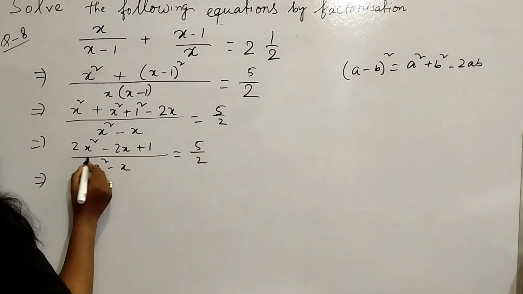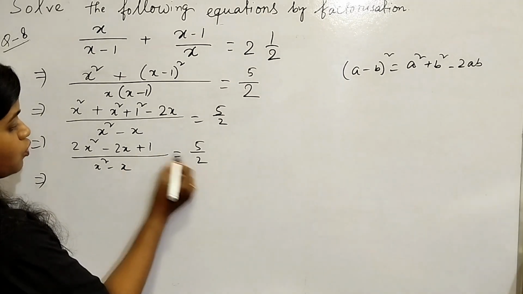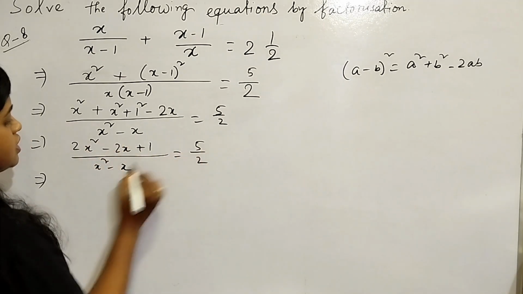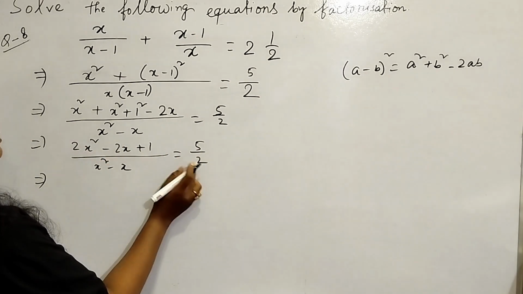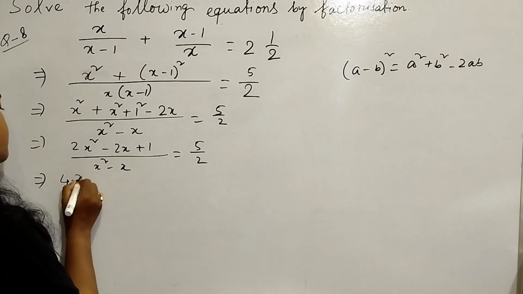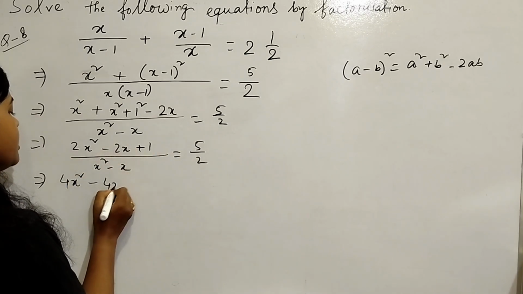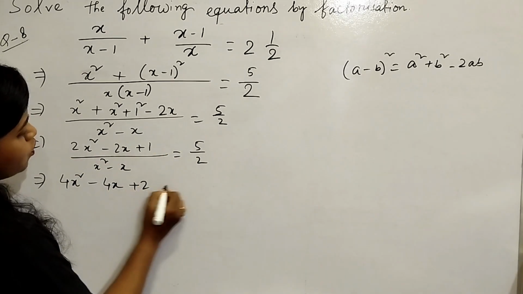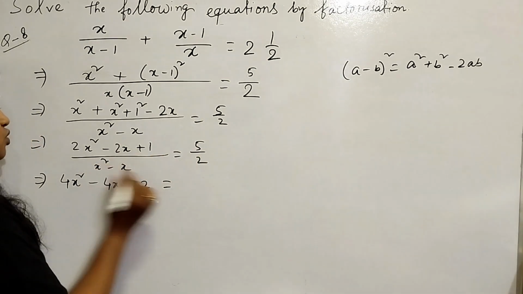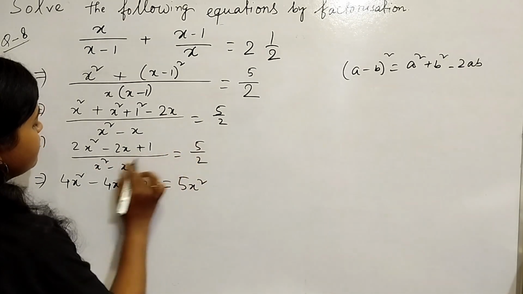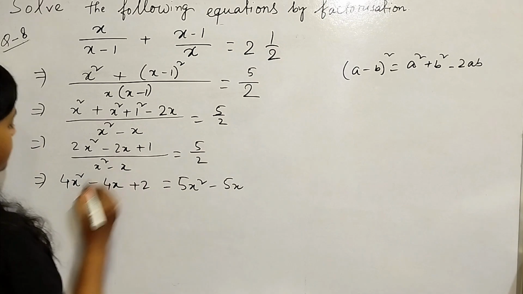So now cross multiply, 2 into this one and this one into this. So 2 into x square is 2x square, 2 into minus 2x is minus 4x, 2 into 1 plus 2, equals 5 into x square, 5x square, 5 into minus x, minus 5x.